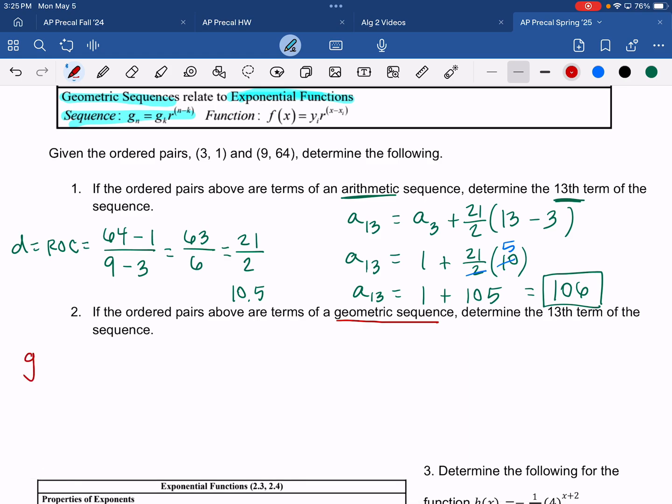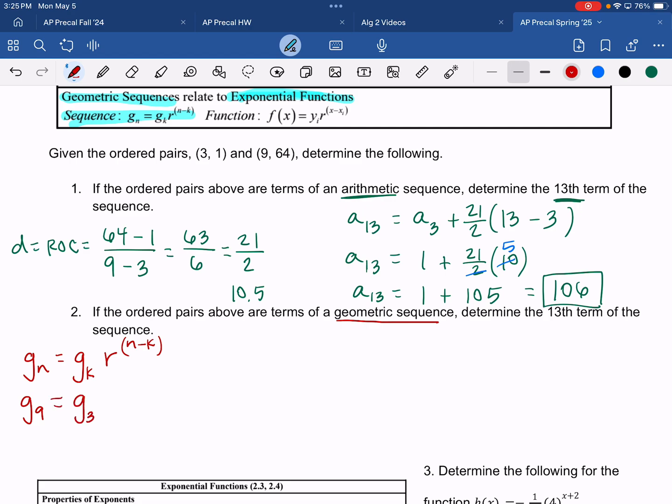So the formula says G sub n, the nth term, came from the kth term times a ratio to the n minus k power. Okay, well, the future term that we knew was the 9th one.